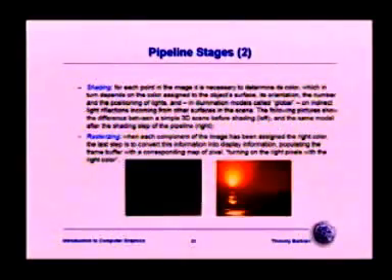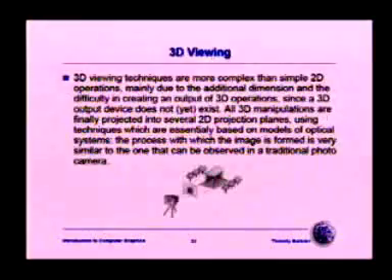Then shading, which is a calculation of color of each vertex and ultimately of each pixel. And then rasterizing, which is converting all this mathematical information into raster-based information, so into a real pixel with real color in a specific position. So this is the basic order of the pipeline.